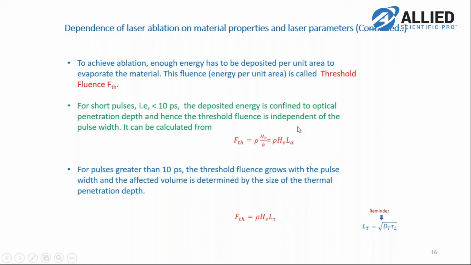So for short pulses, it's a function of optical penetration depth, so it doesn't matter what the pulse width is. But for longer pulses greater than 10 picosecond, this threshold would increase with increasing thermal penetration depth, which in turn depends on the pulse width. So larger pulse width, larger threshold fluence.